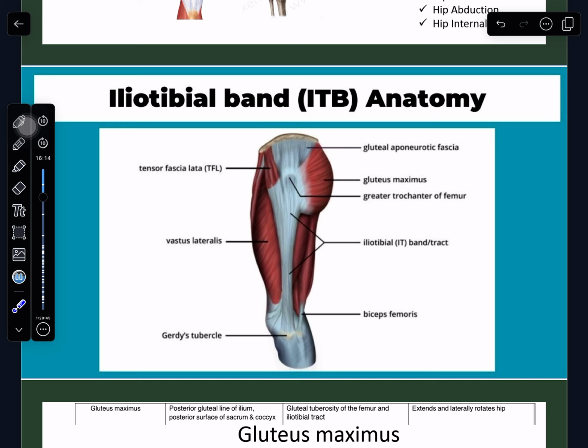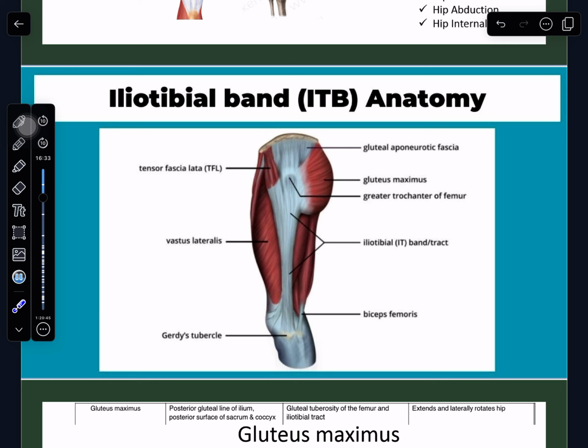So yes, this long tendon is known as the iliotibial band, or iliotibial tract, and you can see that although the muscle makes up the upper region, it's just that upper part that's the meaty portion of the muscle. That tensor fasciae latae is that meaty portion, it's the actual muscular tissue.